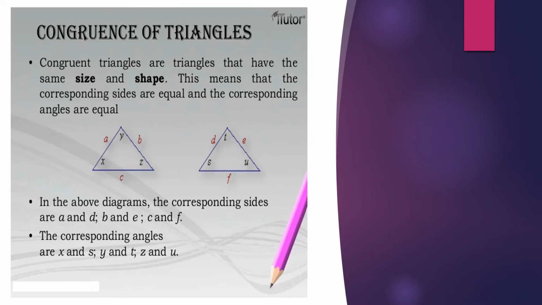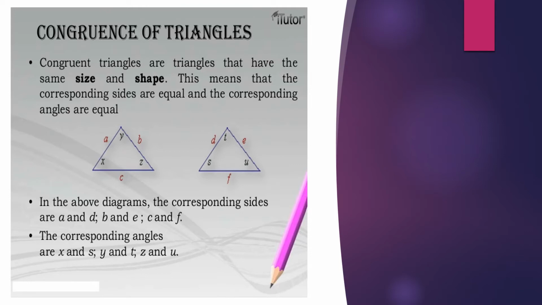So from these examples, we can say that congruent figures or congruent triangles are triangles that have the same size and shape. This means that the corresponding sides are equal and the corresponding angles are equal.